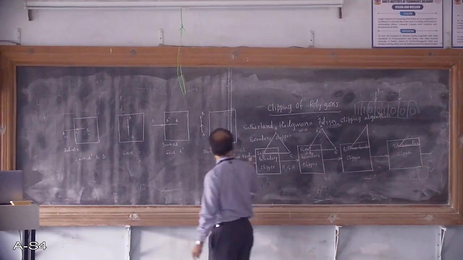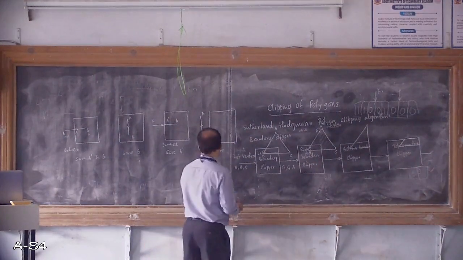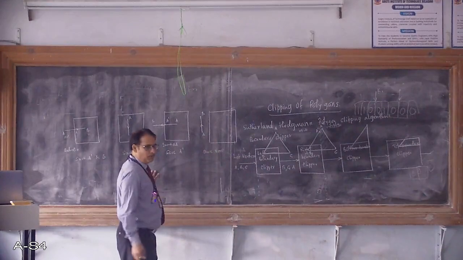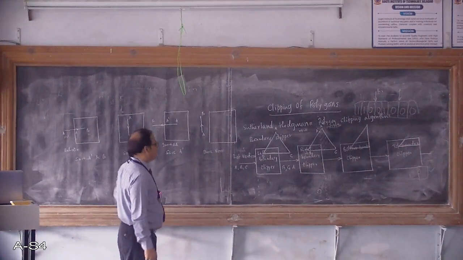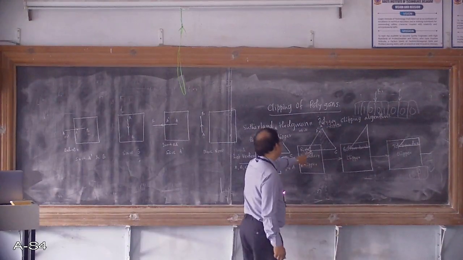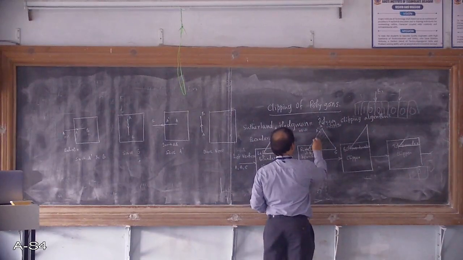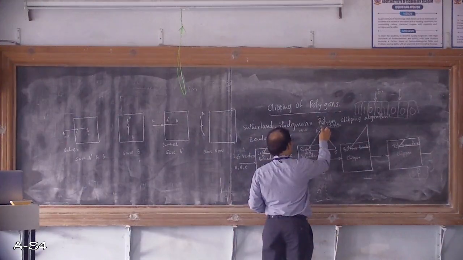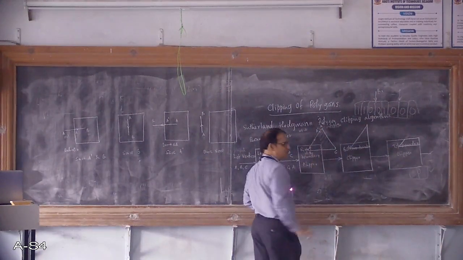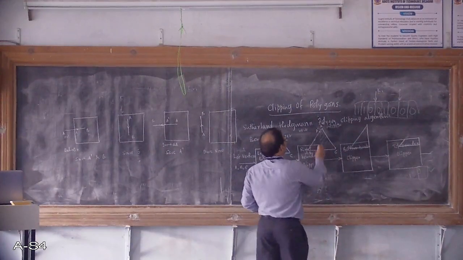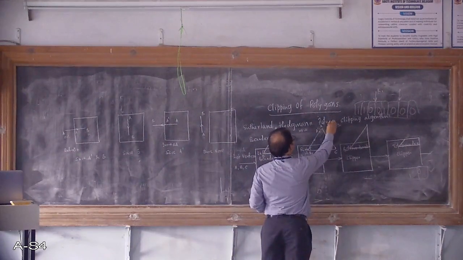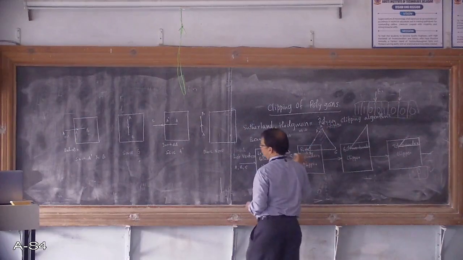Now, if you compare this particular case with all these four rules, this particular case is such that the edge is progressing from A to B. That means it starts with the vertex A and reaches towards B. So A lies outside, B lies inside.